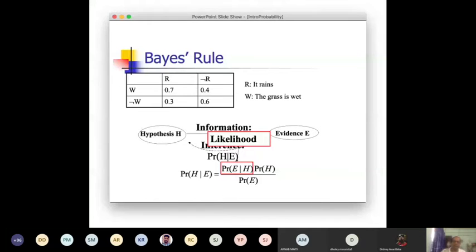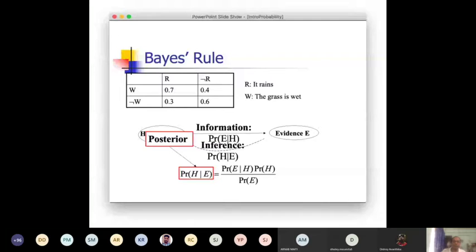So prior probability tries to capture the domain knowledge in that sense. And the likelihood is a kind of class distribution: given that class, or within the class, what is the distribution of the instances? Or given the hypothesis, what is the probability distribution of different evidences? And this is called the posterior.